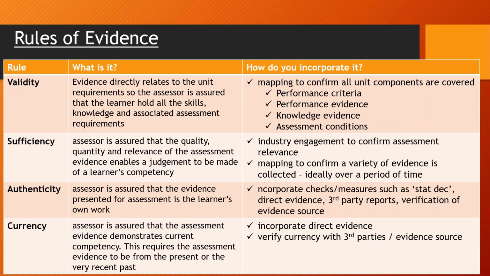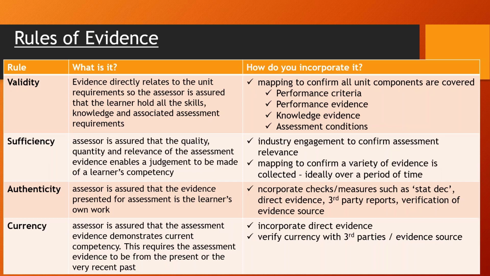Sufficiency is just making sure you have enough. It's also got to be of the right quality, and it's got to be showing that people can complete their tasks in a broad sense, so not just in one individual circumstance, that you have assessed them across those dimensions of competency so they are able to problem solve when things don't go to plan and they can complete a task end to end.